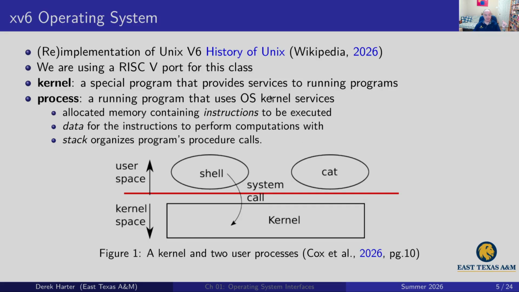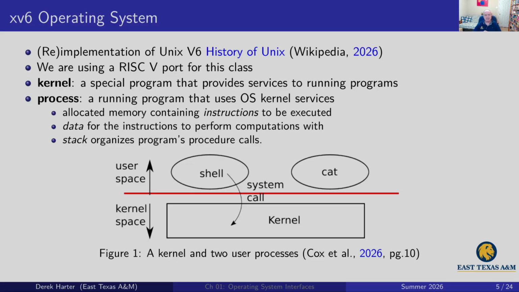So just a little bit about the operating system code that we're using in this class to study, modify, and learn about how operating systems work. We're using xv6, which is inspired by version 6 Unix.